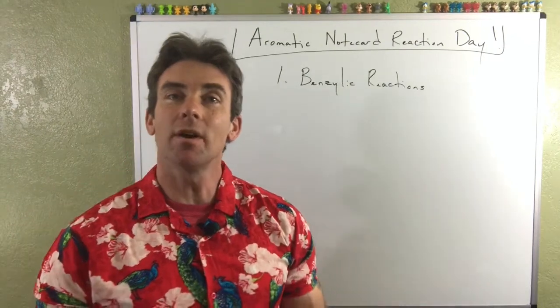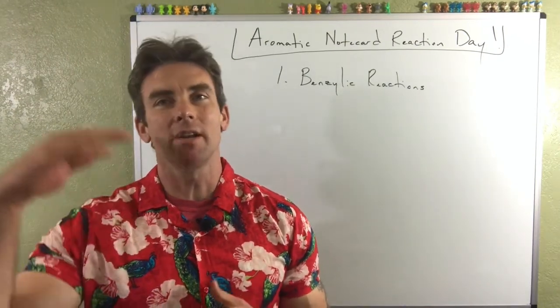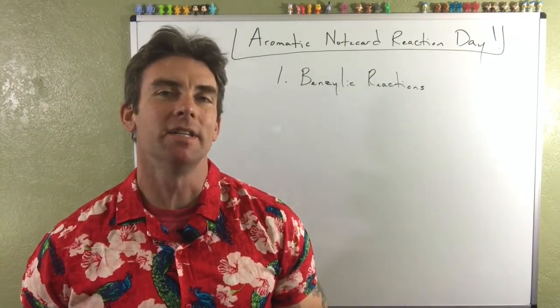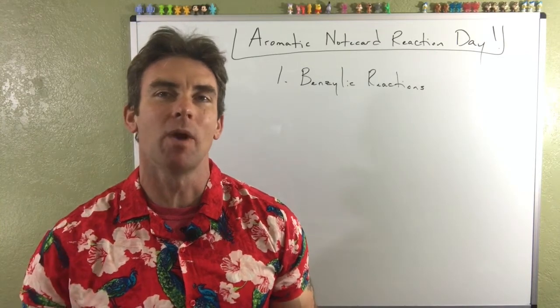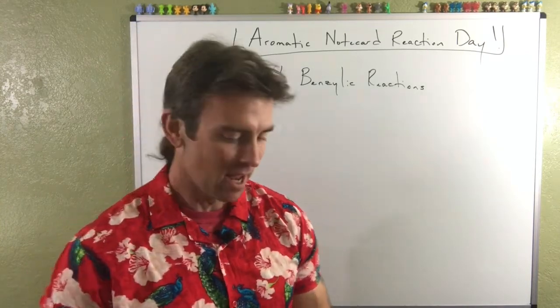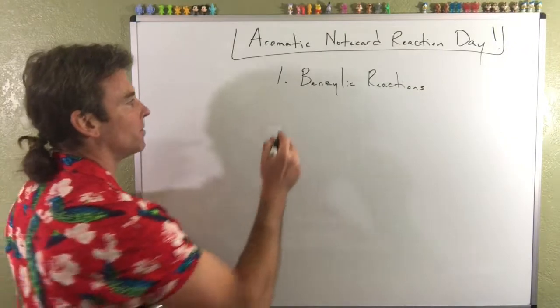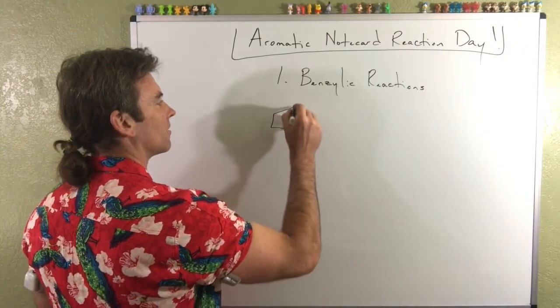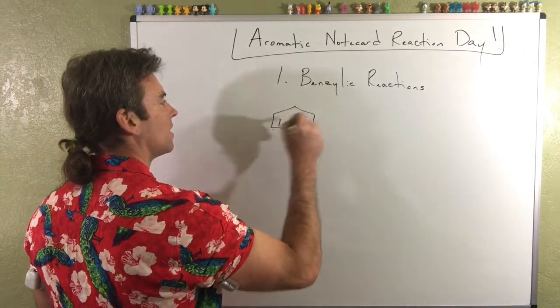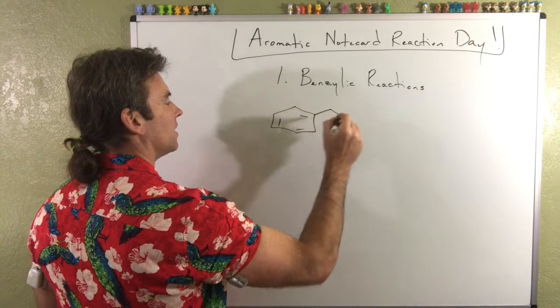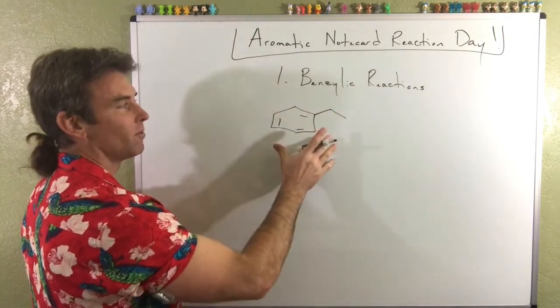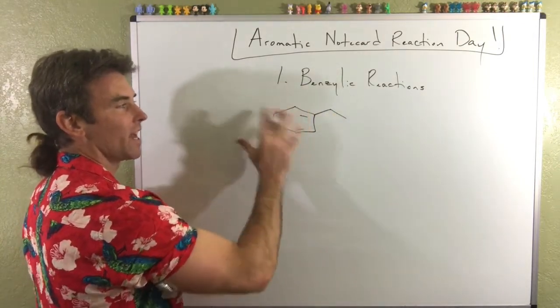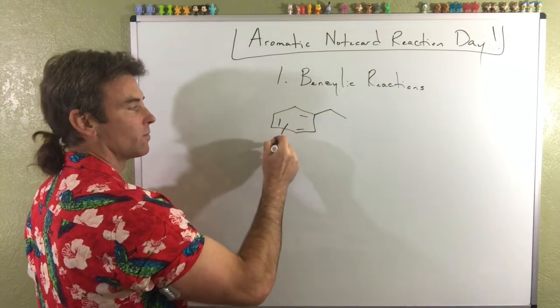Starting with these benzylic reactions, I'll try to group them by what I think of as the most important and work my way to the less important ones. I would say probably the most important benzylic reaction to know, and let's just start off with any benzene ring with anything else imagine on this ring.